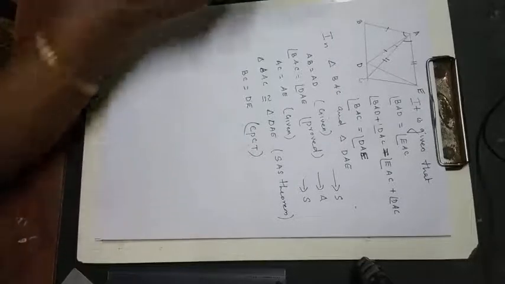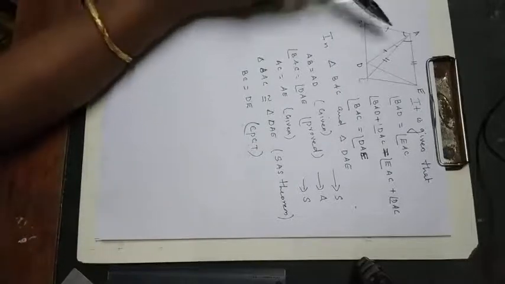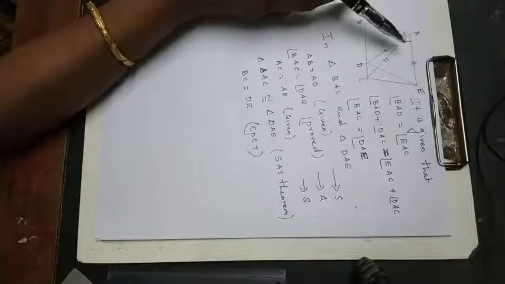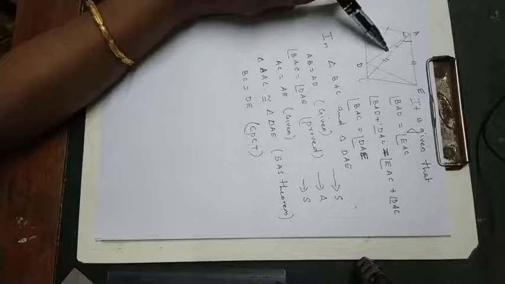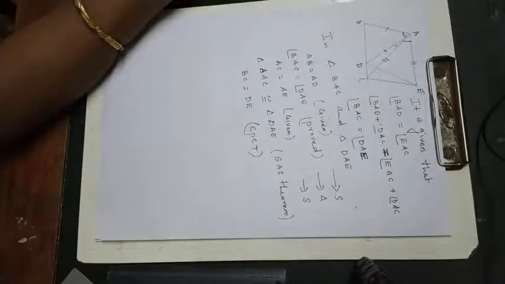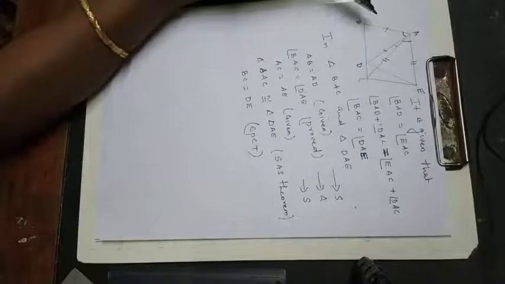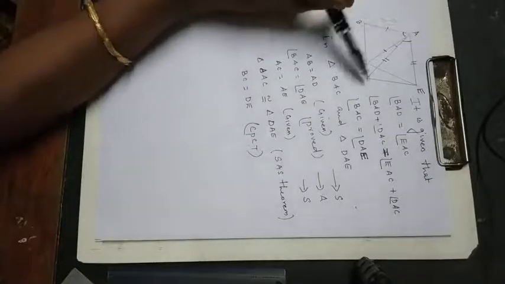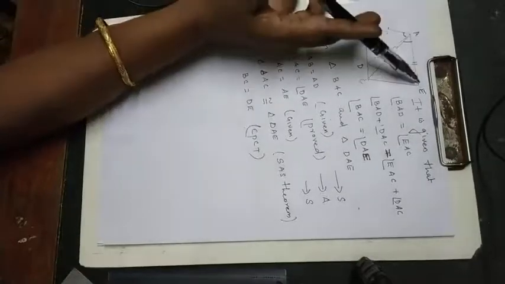So once again, look at here. BAD is equal to EAC, it is given. You are adding DAC to both, so that BAC will be equal to DAE. Then you select the triangles BAC and DAE.